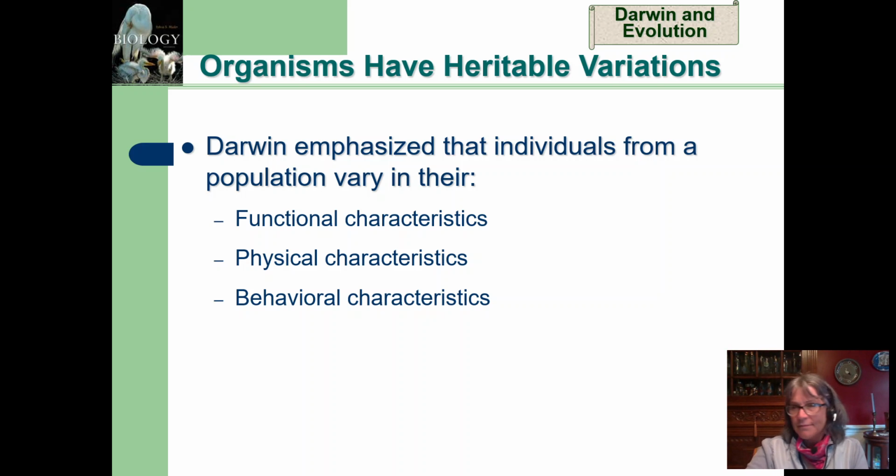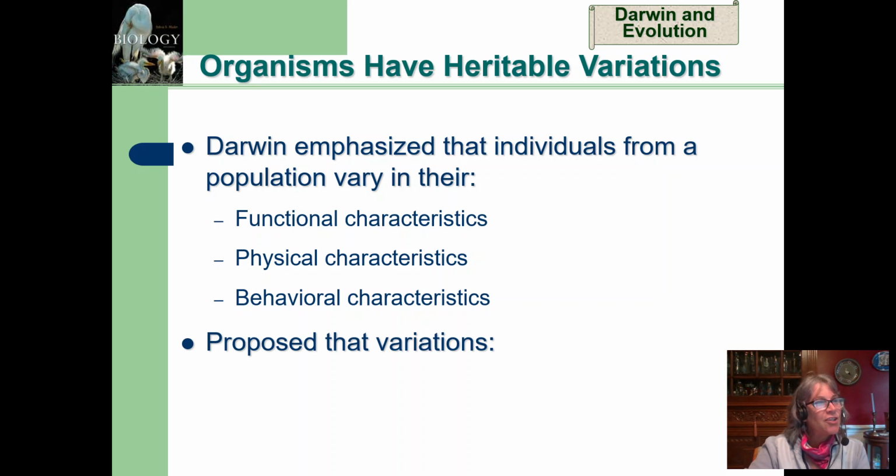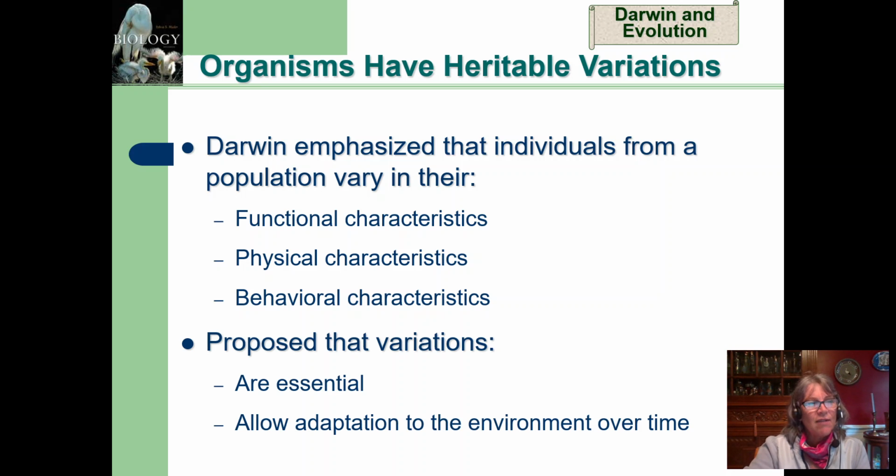Some organisms might be more bold and aggressive, and others are a little more retreating. So there's just this wide range of variations. And what he proposed is that those variations are essential, and they allow adaptation to the environment over time.